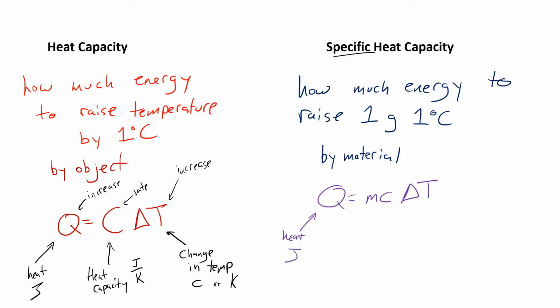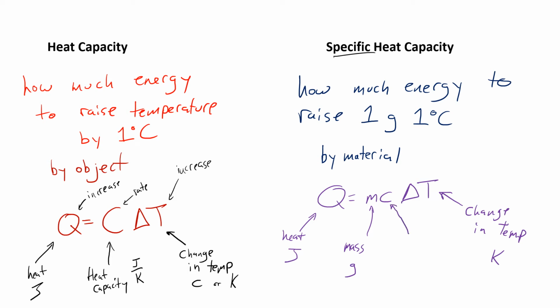It's still in joules. This is still your delta T, or still your change in temps, in Celsius or Kelvin. Here's your mass. This one has a mass that's separate. This can be in grams or kilograms. It depends on the constant here.